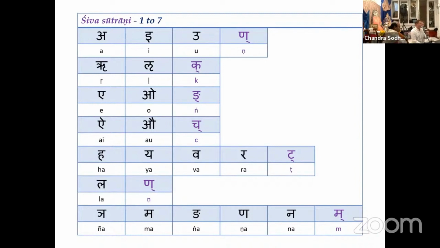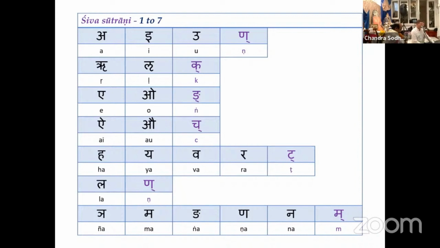So n with a dot down is this retroflex n. I hope that you can see it on the screen, right? So a, i, u, n, then we have r, l, k. This l with a dot down is pronounced like l, lr, okay? R, l, k.